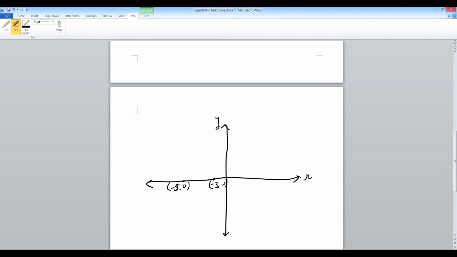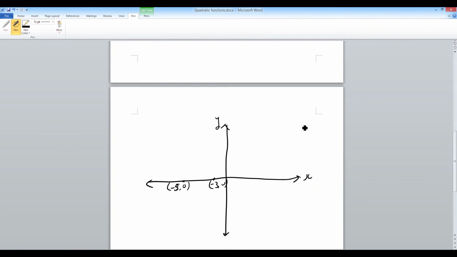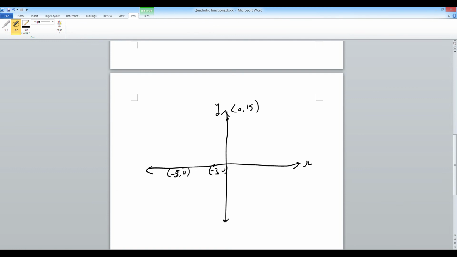My y-intercept was 15, so this will be high up here. My graph will definitely not be according to scale. So 0 and 15, that's my y-intercept. And I have my two x-intercepts and then my turning point. My turning point I have calculated to be minus 4, minus 1.